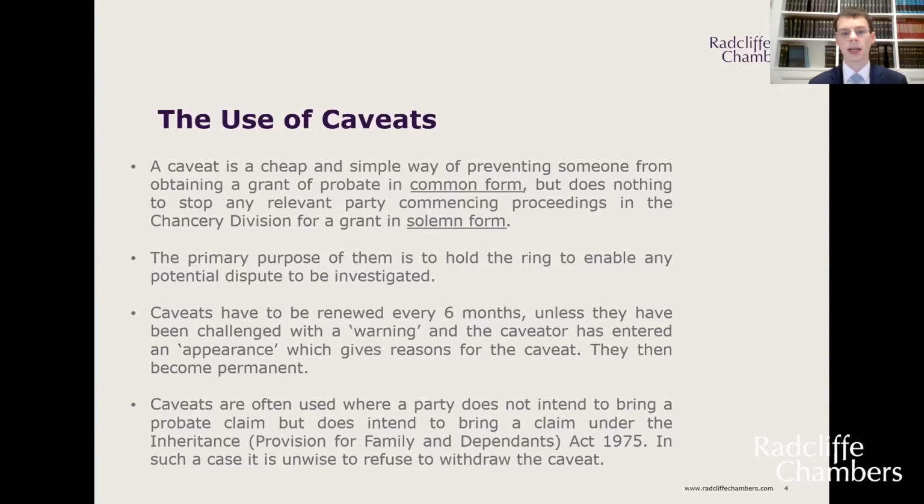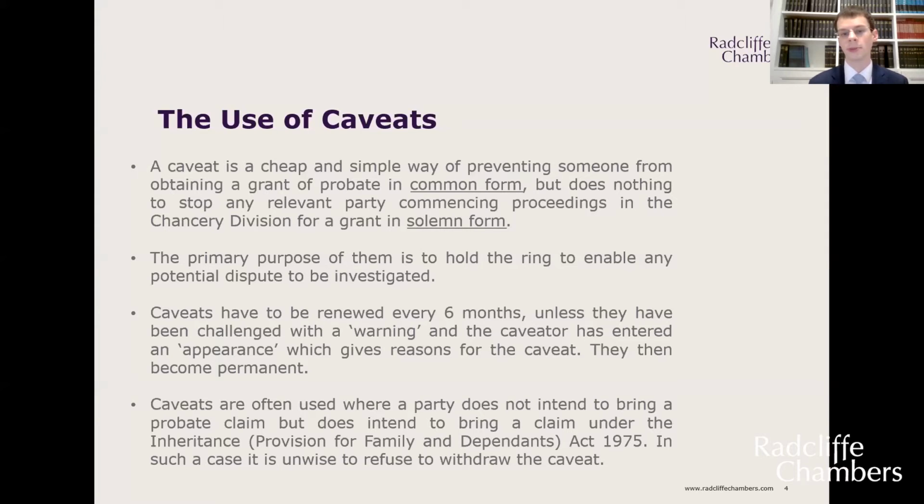You need to consider the case very carefully if you're going to be alleging undue influence, and all the other things that it's desirable to do before you embark on what can be very costly proceedings. That's the main purpose of them. And for that reason, I think they last in the first instance for 6 months to give you time to do that. But you can renew them, and that's very easy as well.